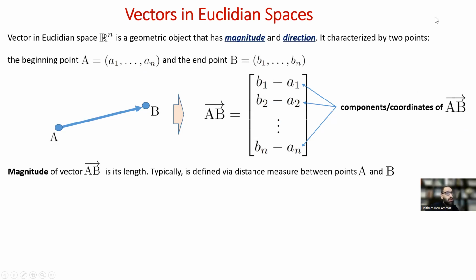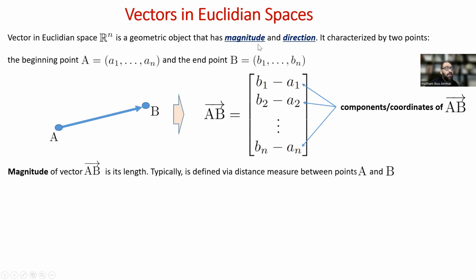Right. So now to define the magnitude of my vector AB, it's really typically defined by a distance measure between the points A and B. So as we said, the vector has a magnitude and it has a direction. In order to define the magnitude, what we first do is define the vector coordinates or components, like we've done here, B1 minus A1, B2 minus A2, and so on.